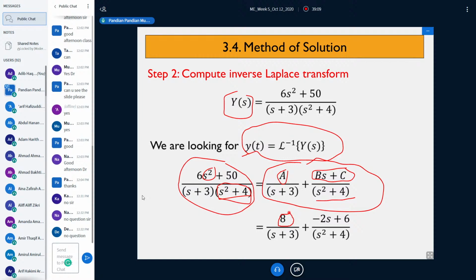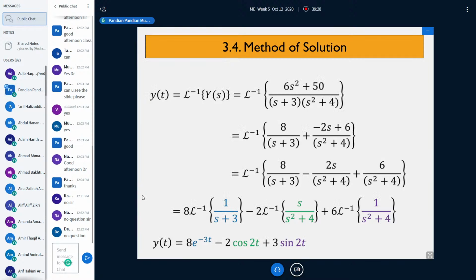This is the problem. This one is algebra. Your B is minus 2. Your C is 6. You see, they didn't show you how to find this. But we know from table 3.2, slide number 14, you obtain this. So the question is how to decompose this.